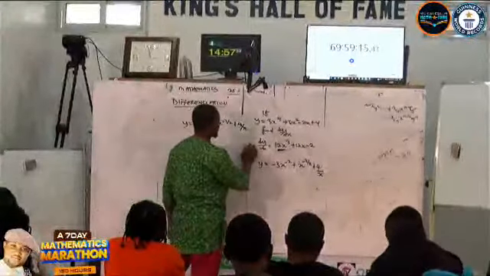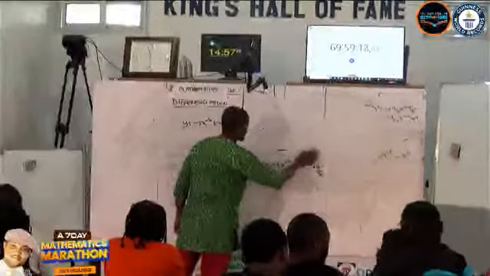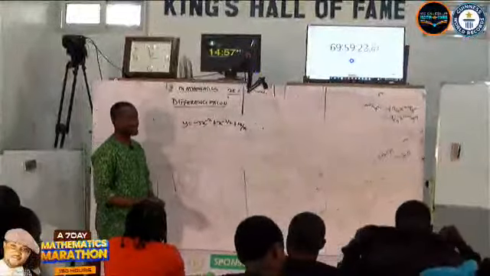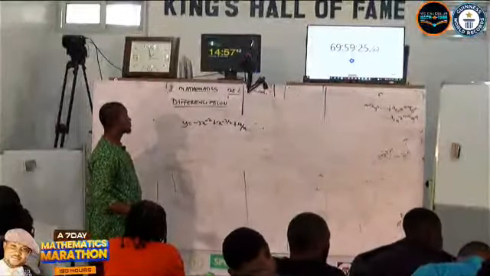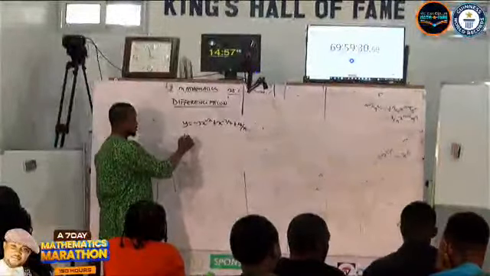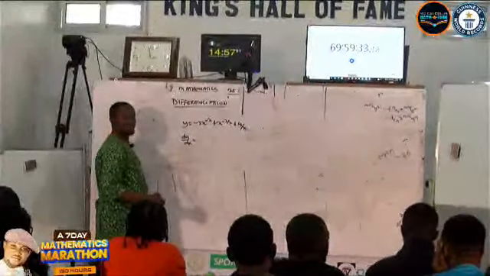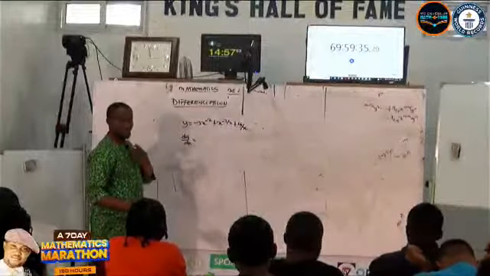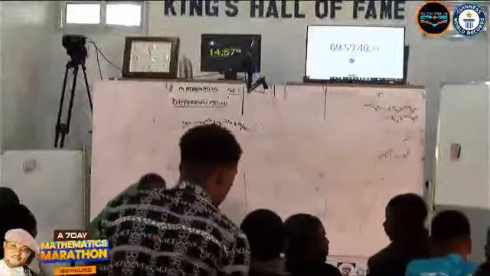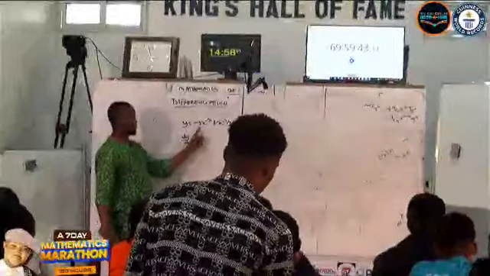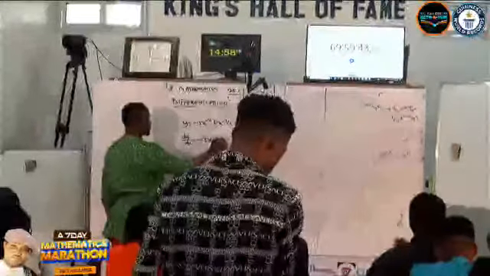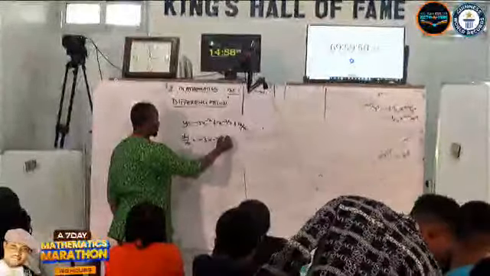So what do we do here? See, dy/dx equals this. This one will come down. Minus 3 times minus 2, x^(-2-1).